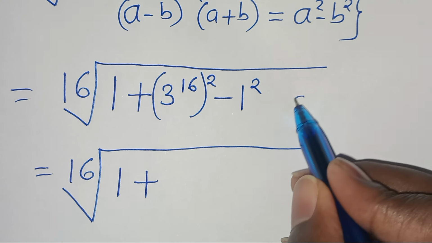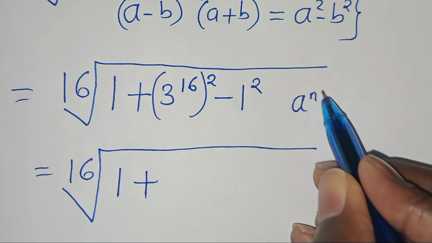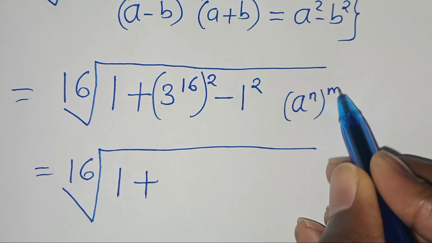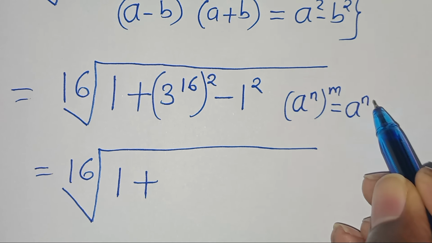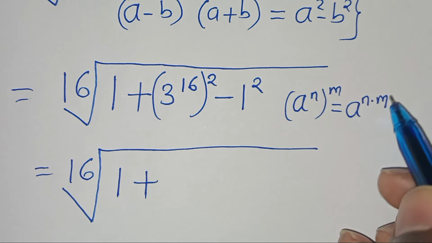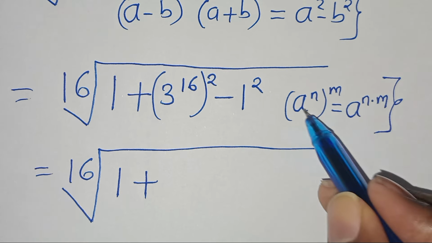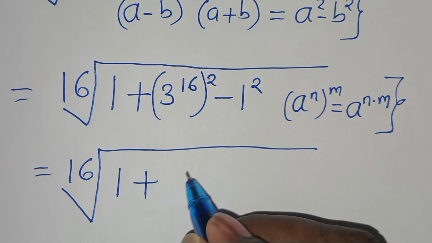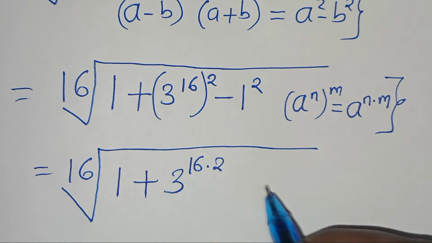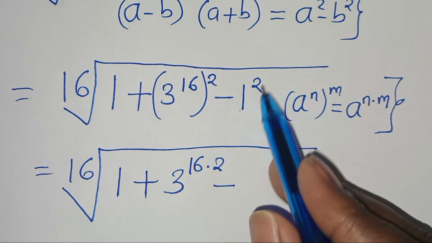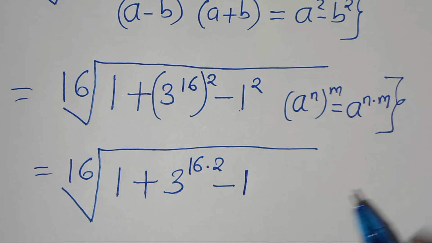Remember, this is in the form of a to the power of n raised to the power of m, which we can establish as a to the power of n multiplied by m. Now, this means we have 3 to the power of 16 multiplied by 2, then subtract 1 to the power of 2, which is 1.